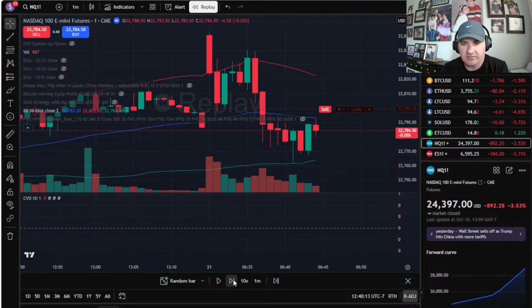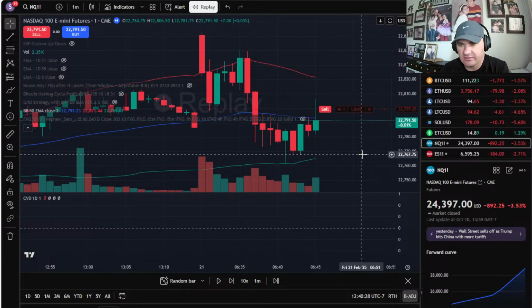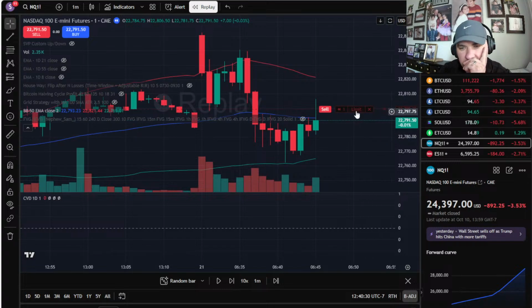All these candles are overlapping. That should have triggered us into a short position, since it did just wick through us. So that's weird. I wonder why that didn't work.